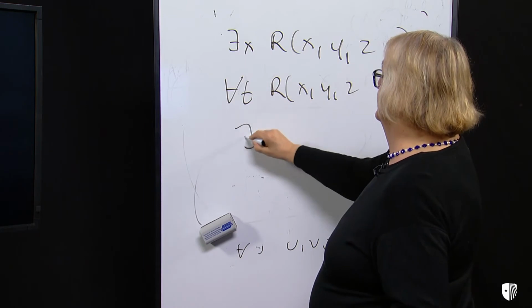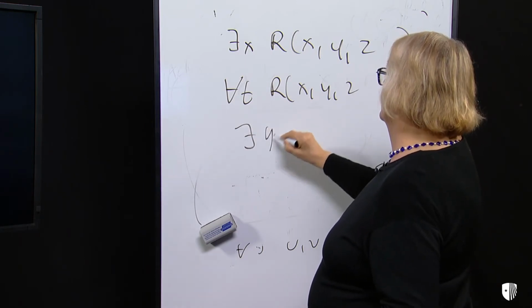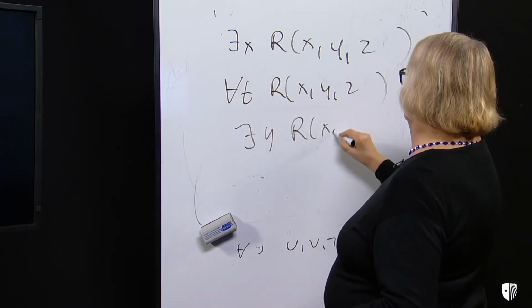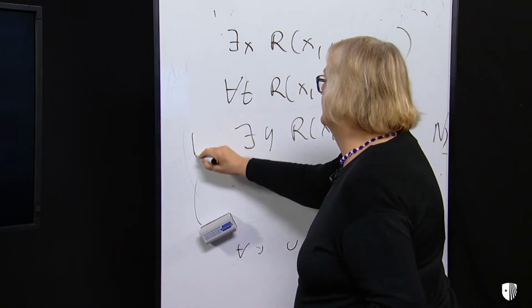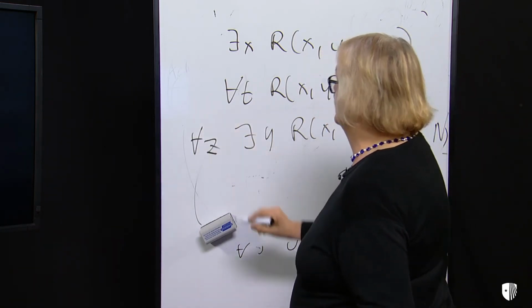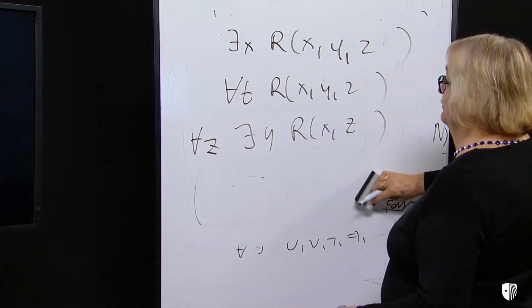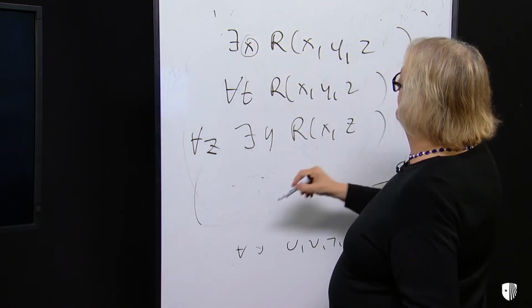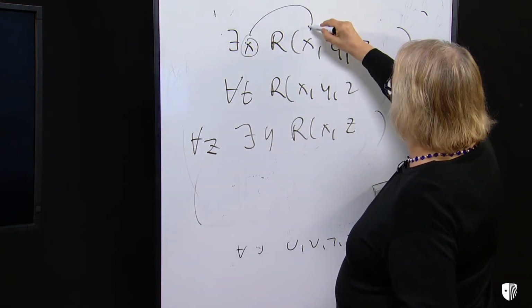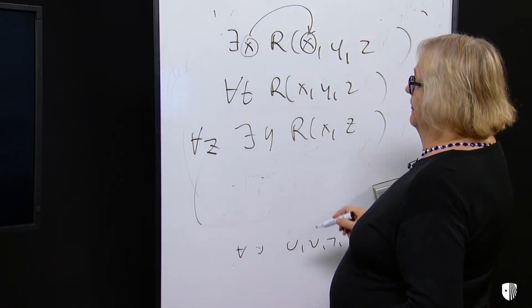I can put there exists y, R(x, y, z). I can put for all z. Those would be formulas. Now, you see this variable is connected with this variable.